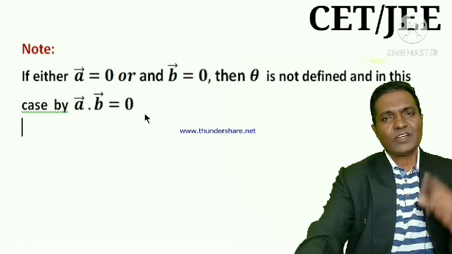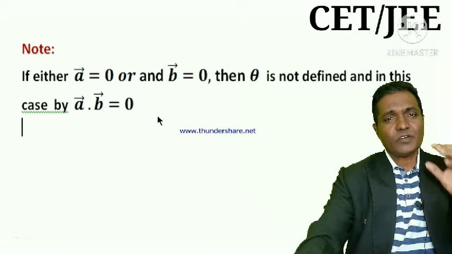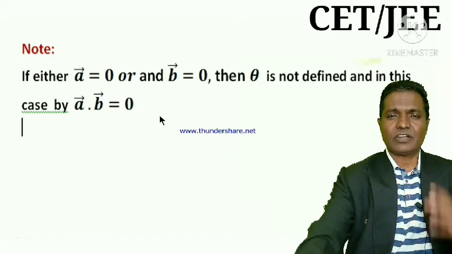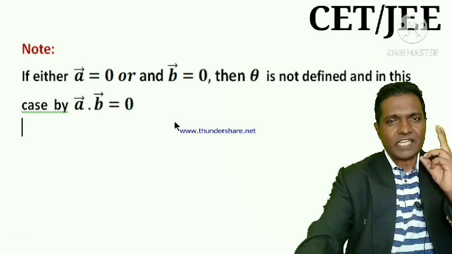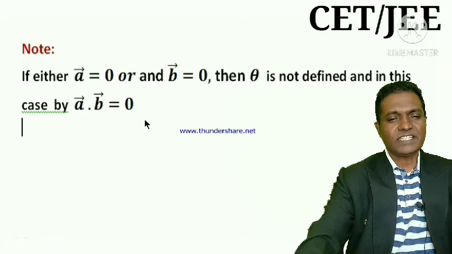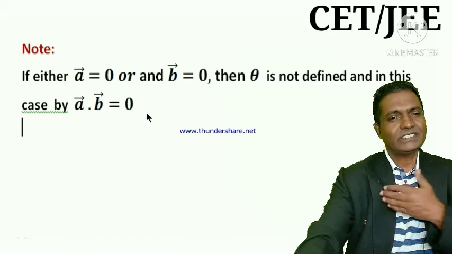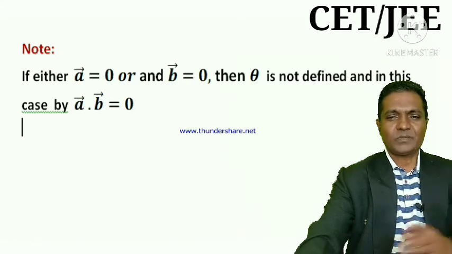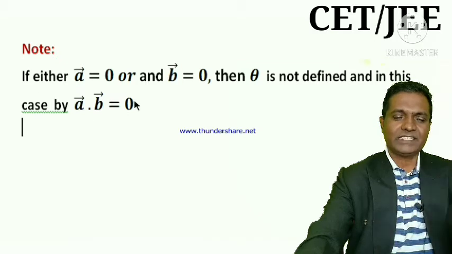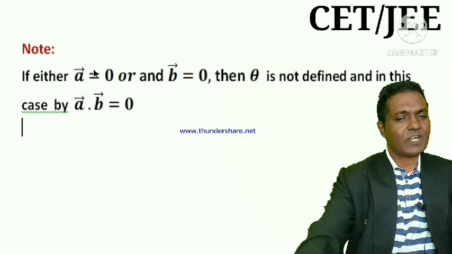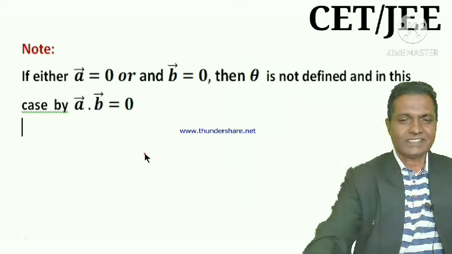In order to find the scalar product of two vectors, they must be non-zero. If one of them is 0, its magnitude is 0, and so the dot product is completely 0.